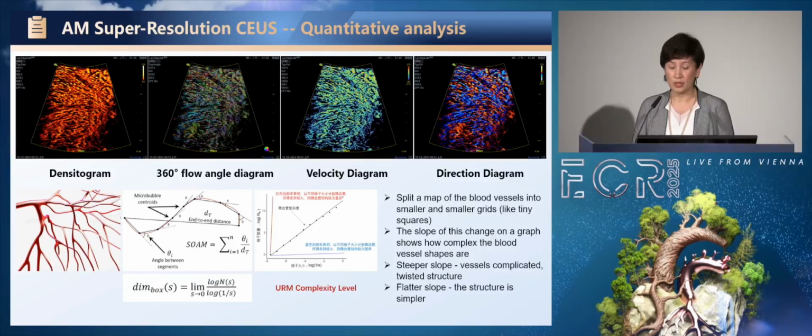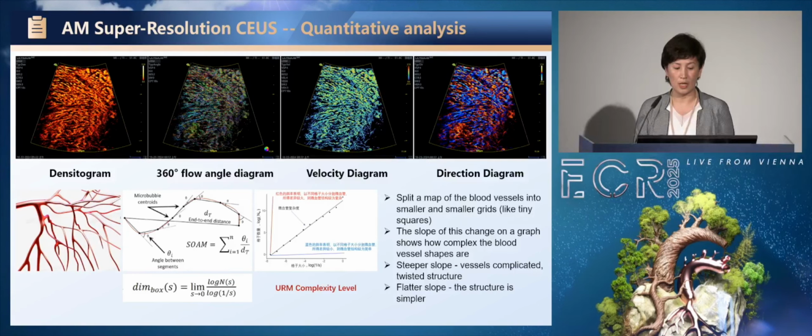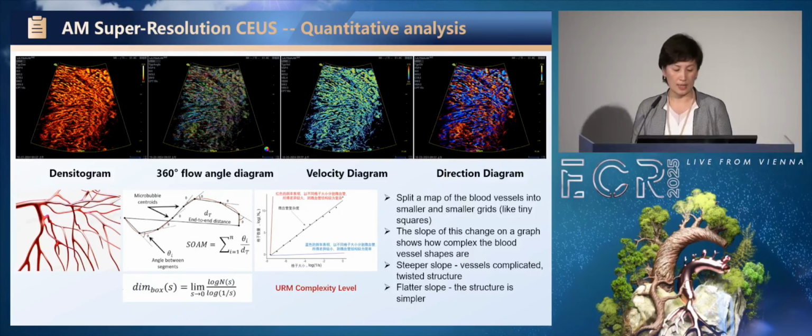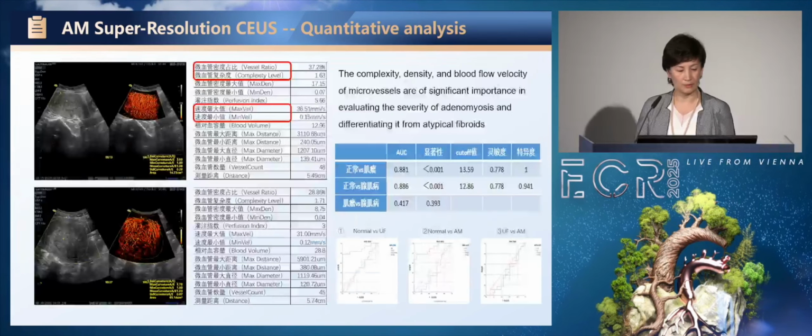But the most important is the complexity value. We can split the map into very small grids and calculate the slope of the vessel's change to indicate whether the vessel is steeper or flatter. Steeper means the vessel is complicated or twisted, and a flatter slope means the structure is simple.